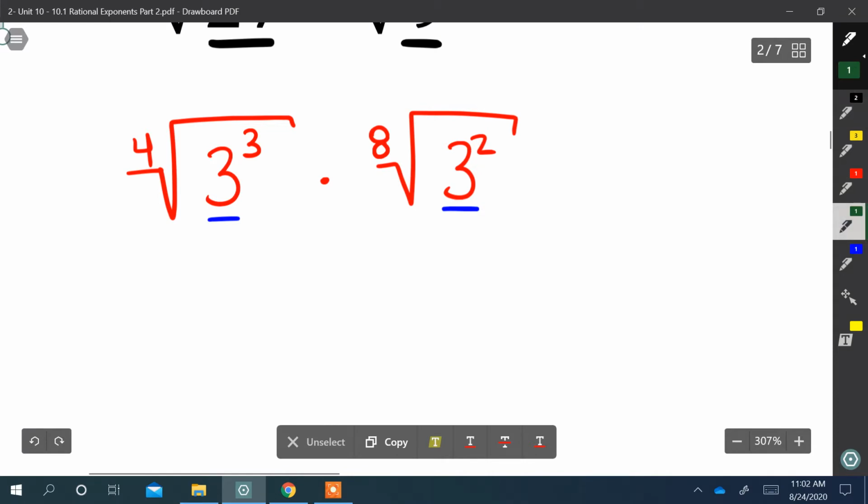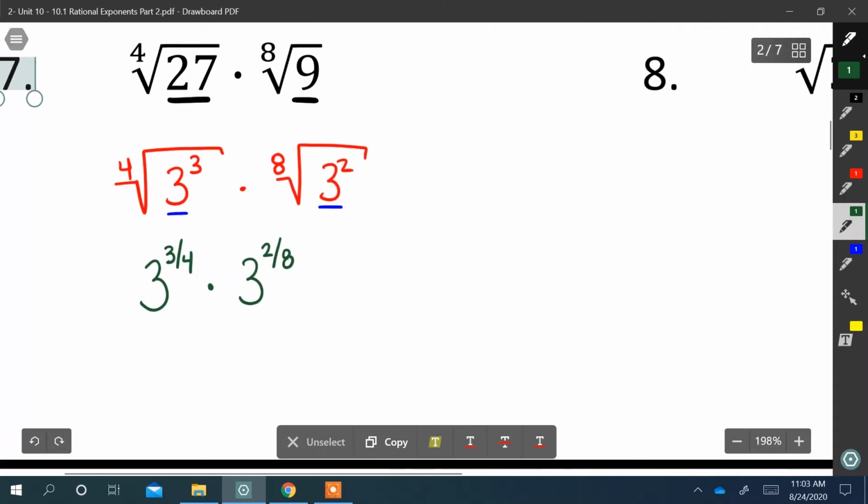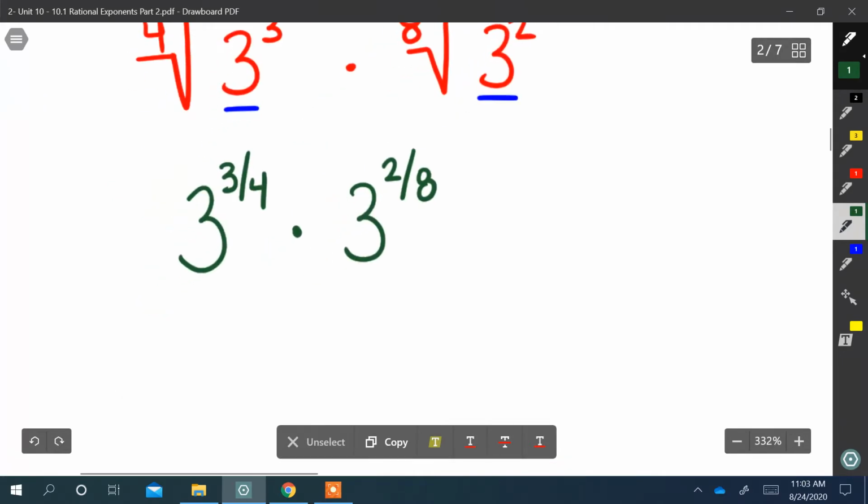Now let's go ahead and translate that to exponential form. That would be 3 to the 3 over 4 times 3 to the 2 over 8.